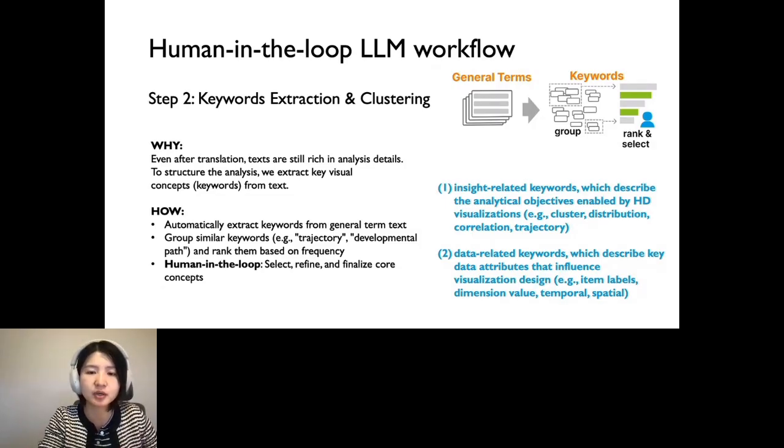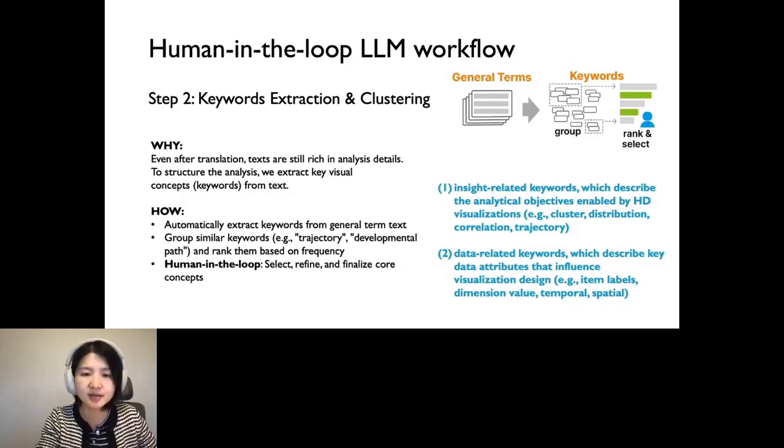This step also involves a human-in-the-loop process where we review and refine the keywords to ensure that we are capturing the core idea accurately and consistently. After this step, we get two groups of keywords. One is insight-relevant keywords, like what types of insights or patterns people want to extract from those visualizations.